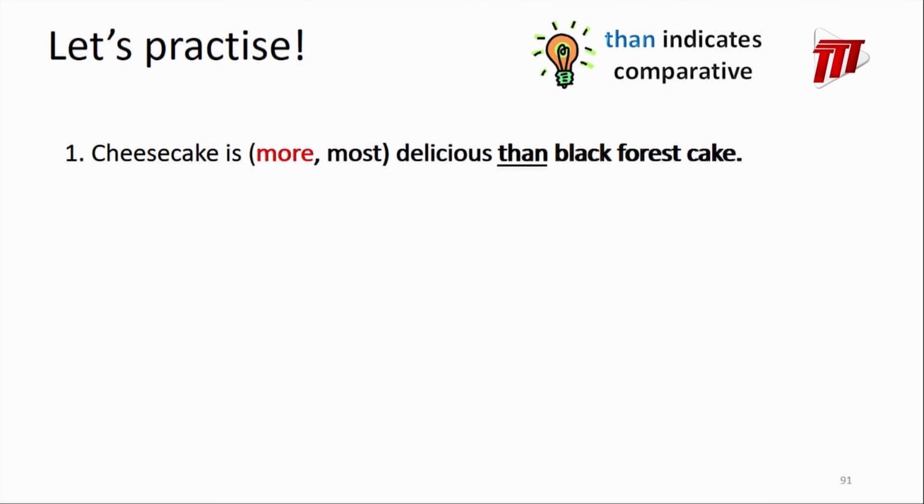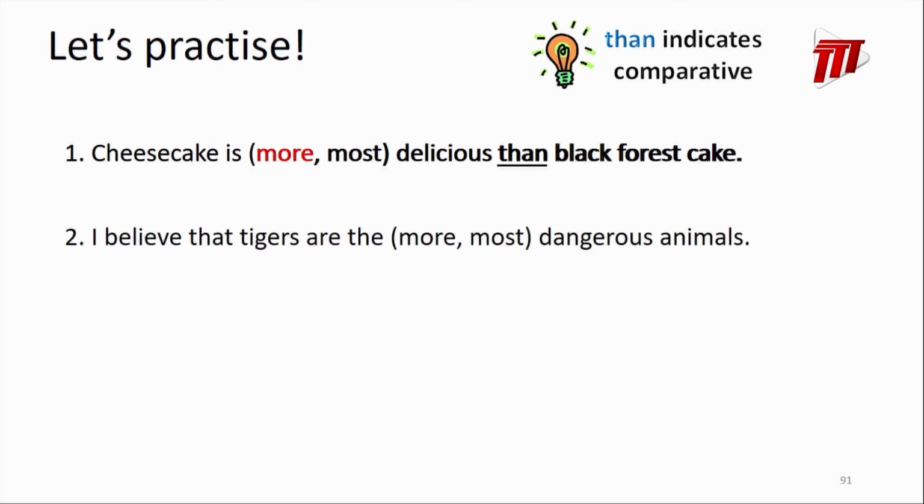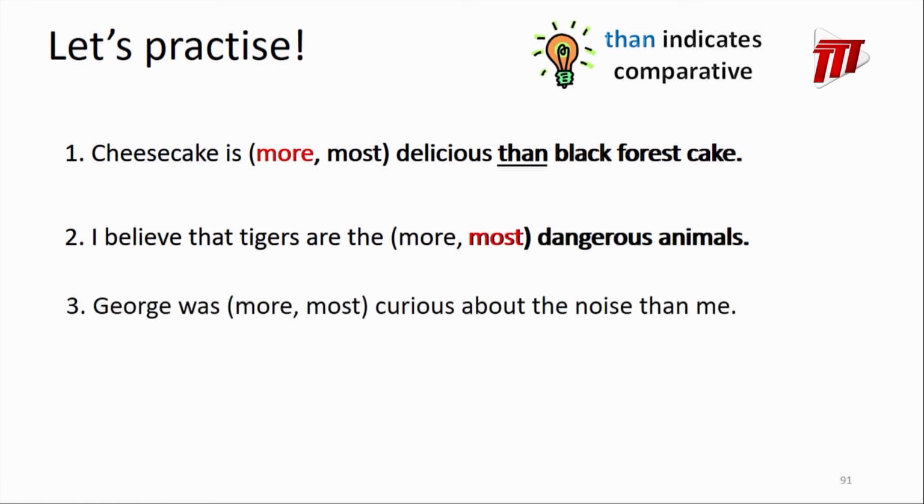I believe that tigers are the more or most dangerous animals. What are we comparing? One with many or one with one? One with many. So we use most. And then we have George was more or most curious about the noise than me. Who are we comparing? George with a lot of children or George with one person? George with one person. So we use more.